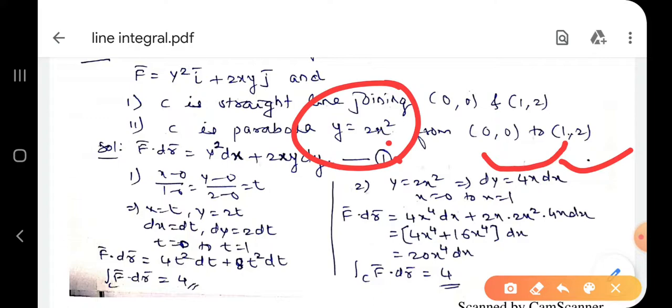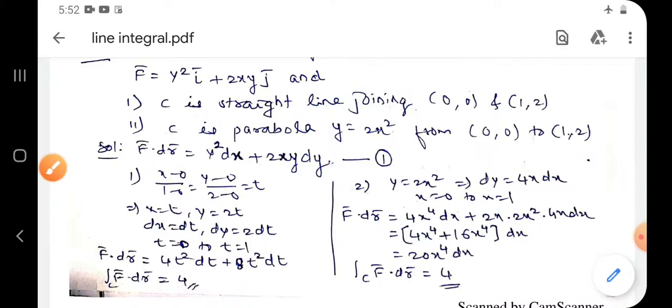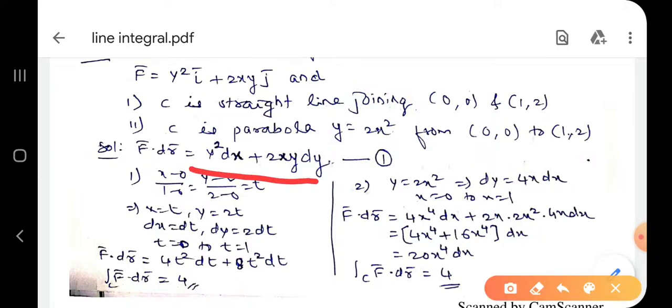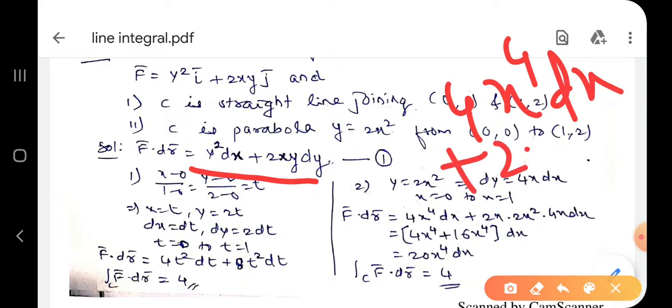So find F bar dot dr bar. From this you will get F bar dot dr bar equal to y square dx plus 2xy dy. In this put y equal to 2x square and dy equal to 4x dx. So here I get F bar dot dr bar is equal to y square, y square means 4x raised to 4 dx, plus 2 into x as it is, value of y is 2x square and value of dy is 4x dx.